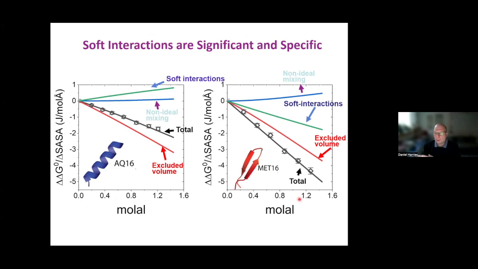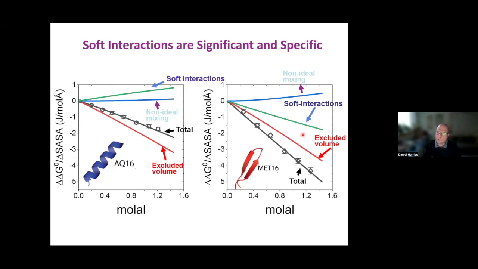Another thing we can do is think about how important are these interactions. So give some quantification to the effect. And what we find is that while the excluded volume interactions drive a very similar change in free energy, the contribution of the soft interaction is opposite and is of the same order of magnitude in this case as that of the excluded volume.